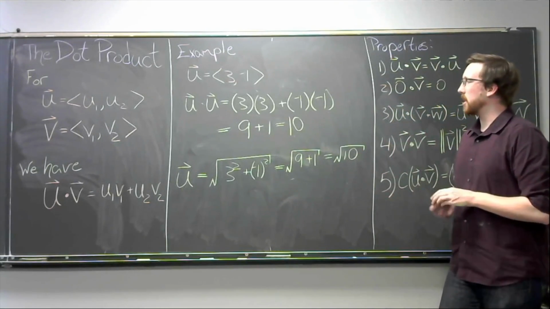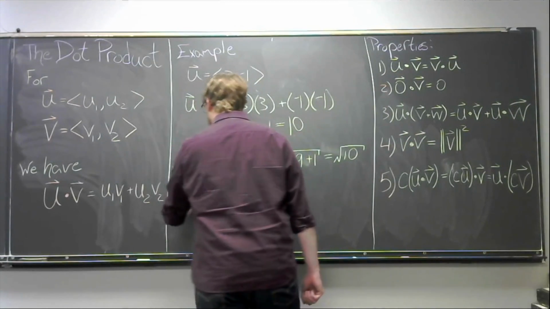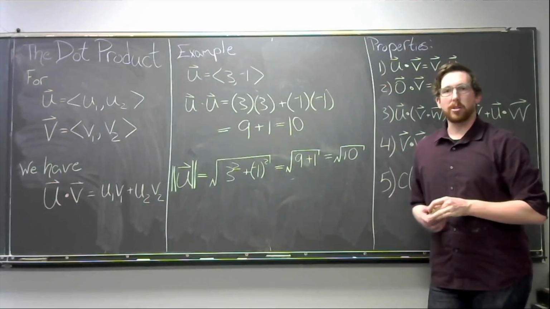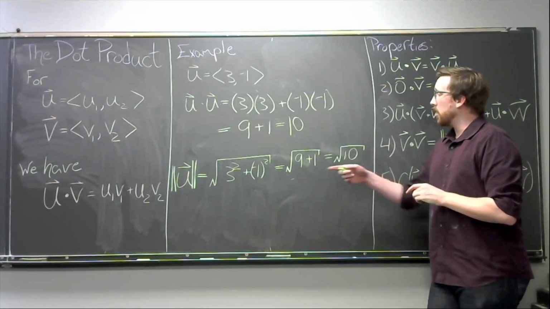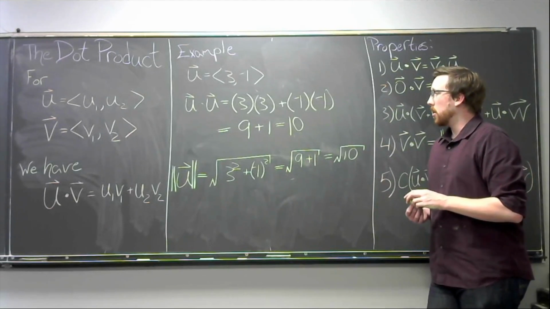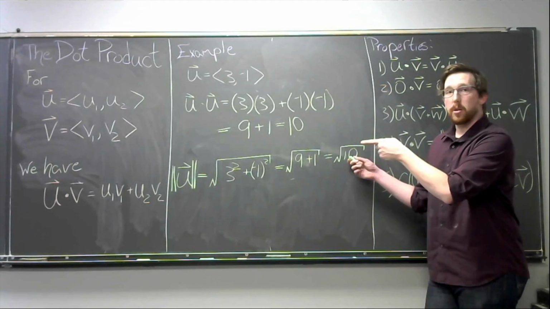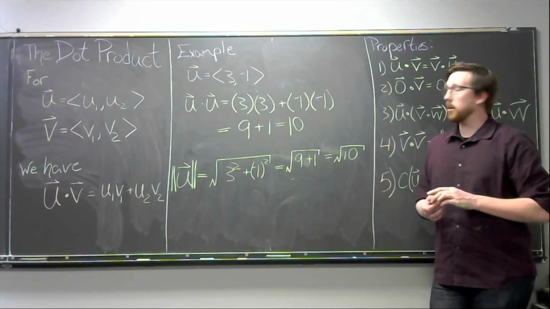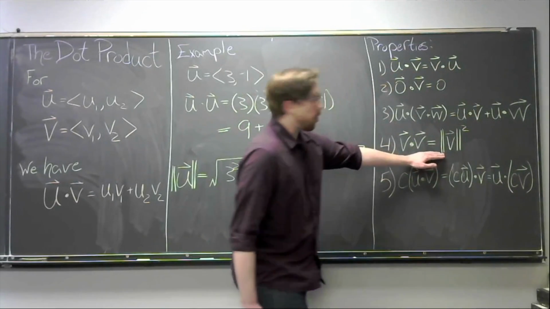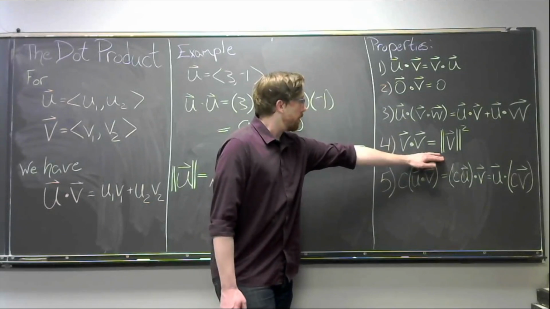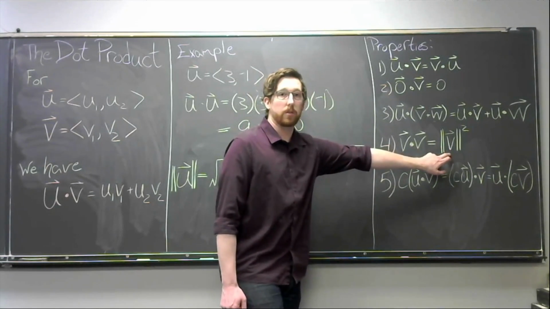Sorry, I have a typo in here. I forgot to put the double bars around either side of our u. But if we square both sides, we'll get the magnitude of u squared is equal to 10. So, per this rule, u dot u is equal to the magnitude of u squared.